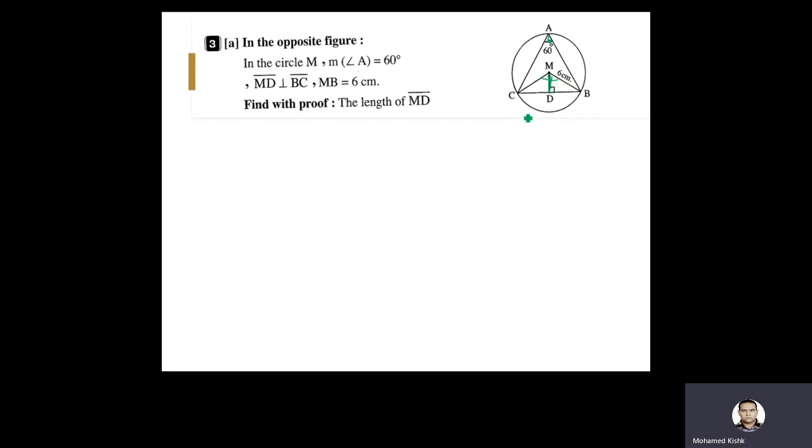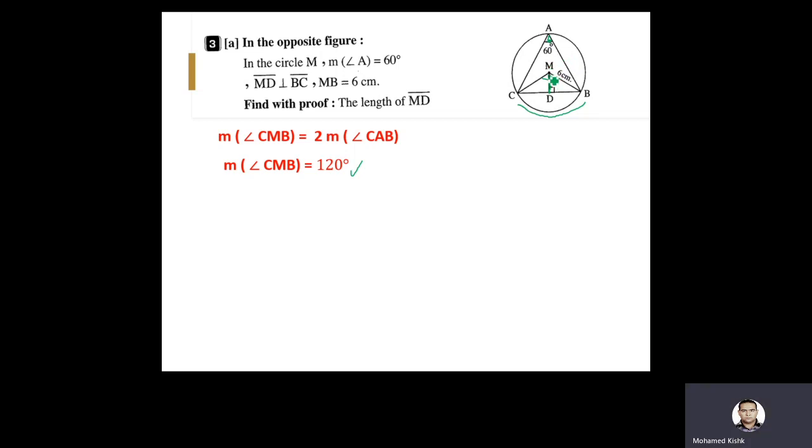They are subtended by the same arc, which is BC. So we can find that this angle is double the inscribed. So the measure of angle CMB is 120 degrees, double of 60.